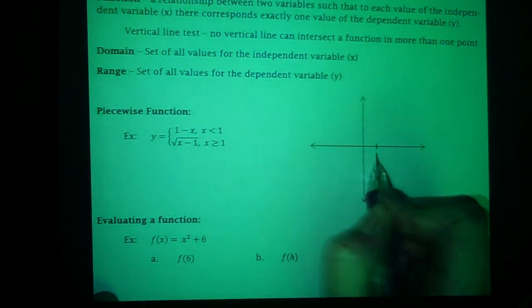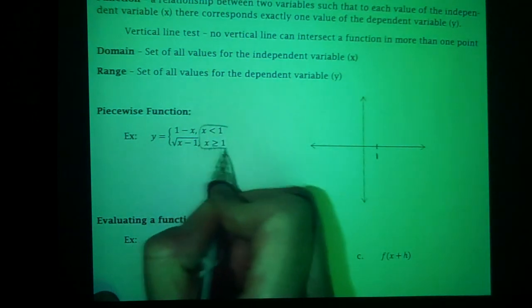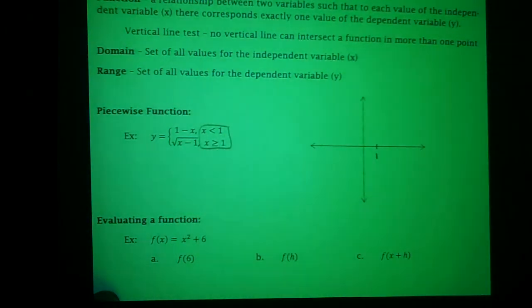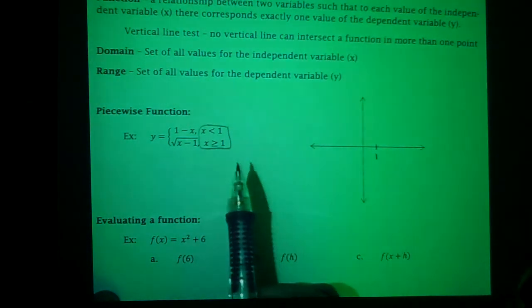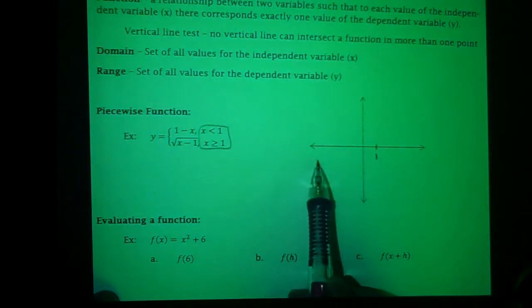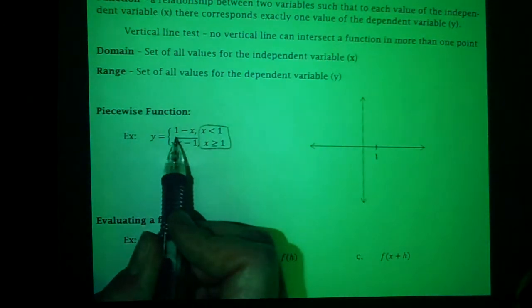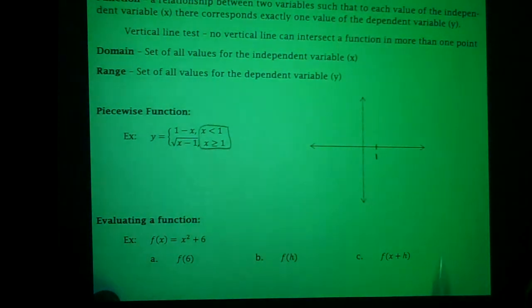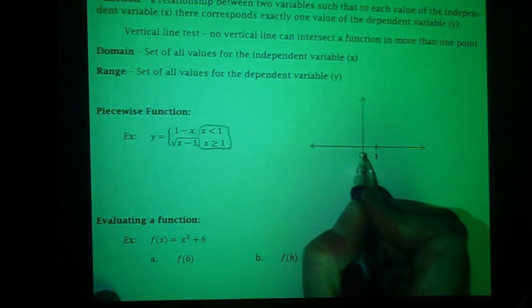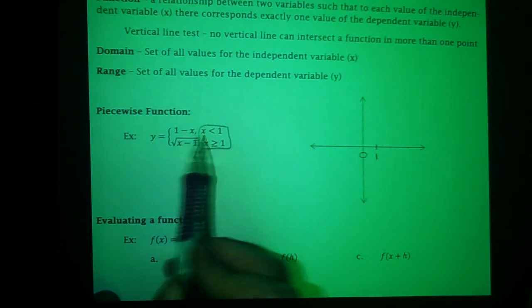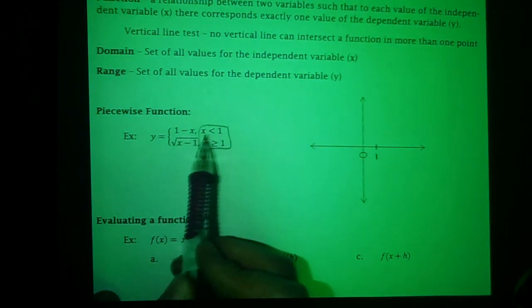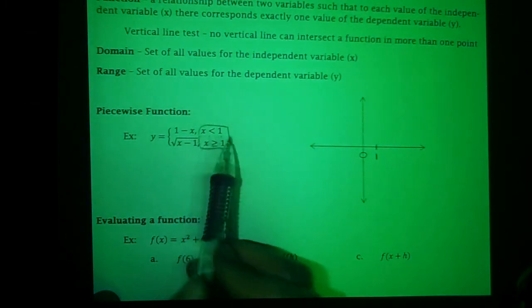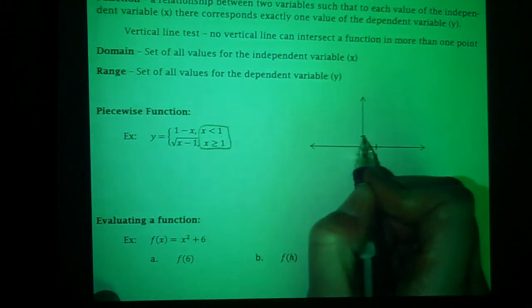if you have a piecewise function that breaks apart at the value 1 on the x-axis, then what you need to do is look to the left of the number 1 and graph the function 1 minus x in this case. Meaning if you plug the number 0 in, you have to plug it into the top piece of this function where x is less than 1 because 0 is less than 1, and you'll get out the value of 1.